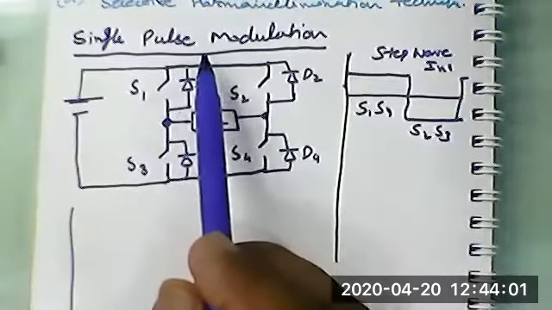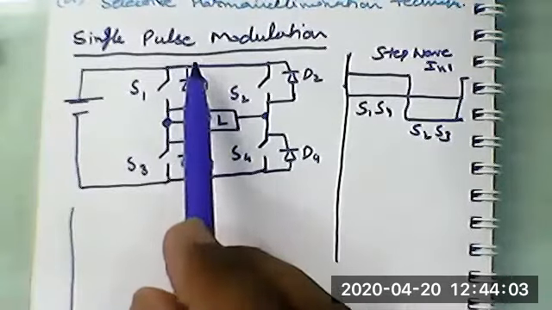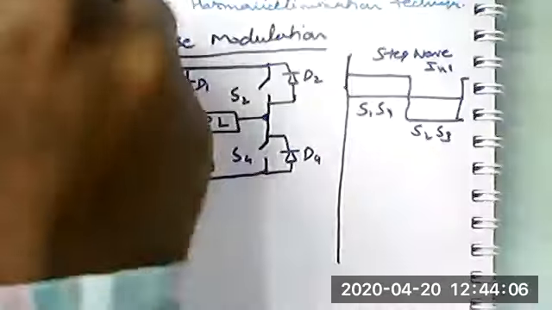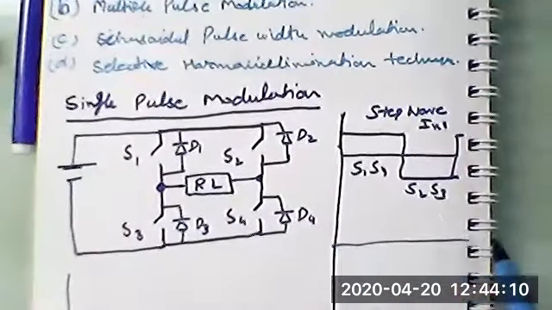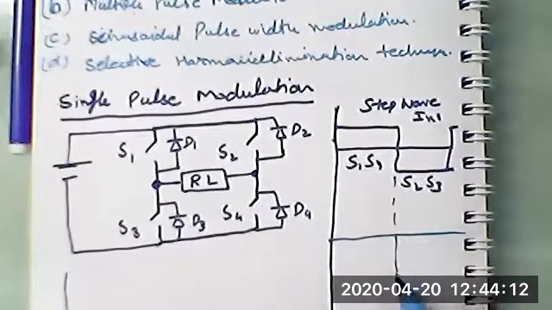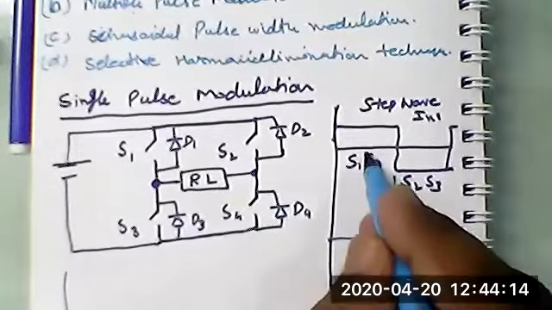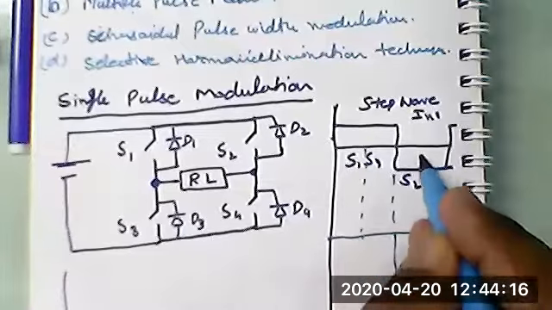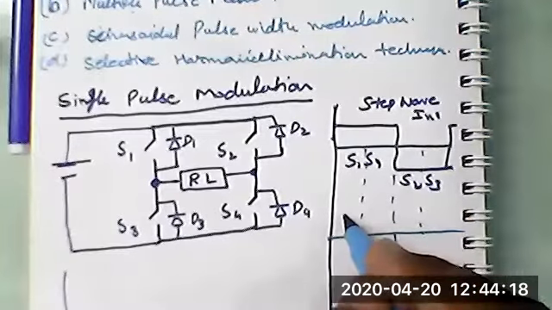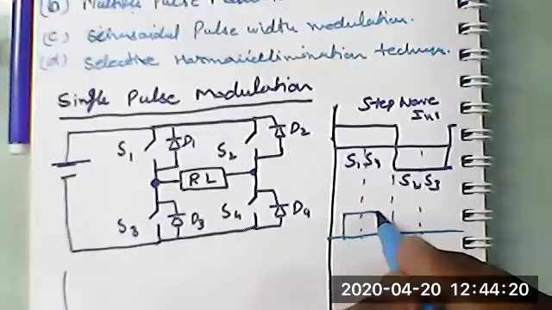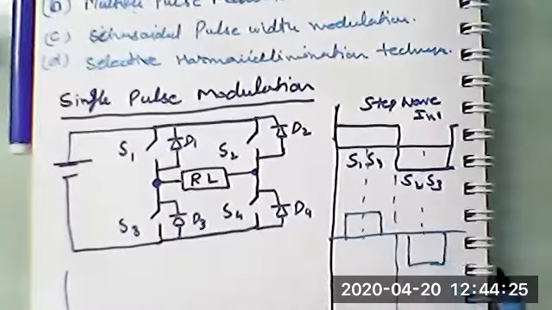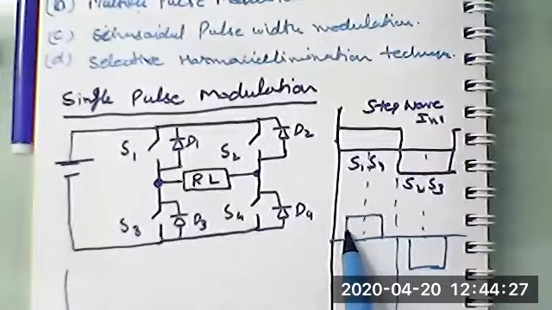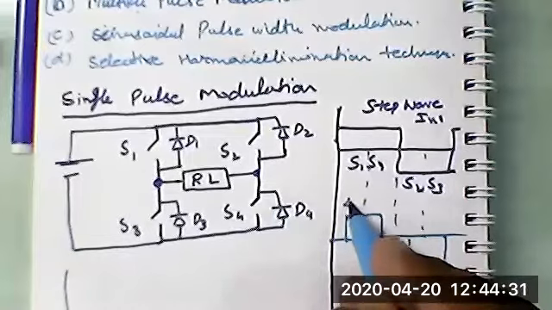Now in case of single pulse modulation, we give the pulse like this. It is symmetric about pi by 2. The duration of the pulse is 2D.